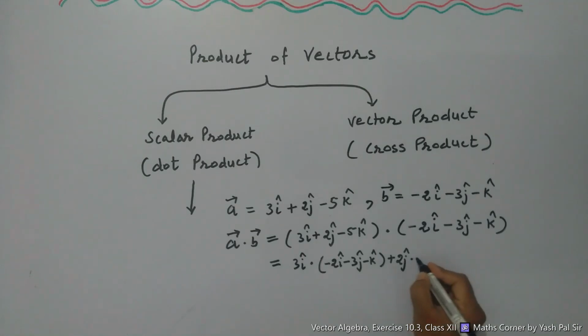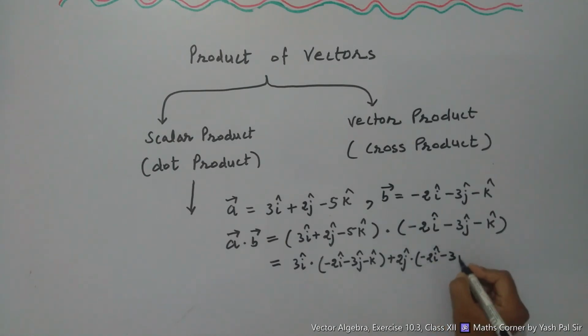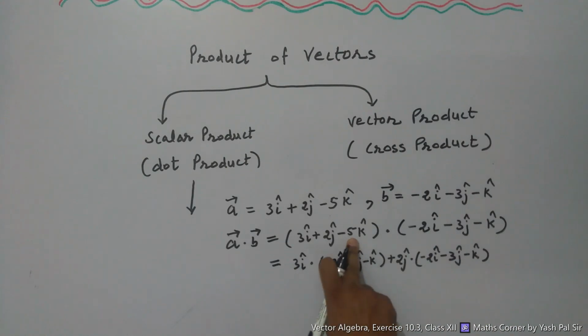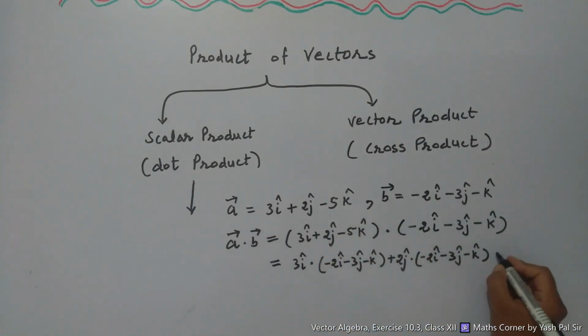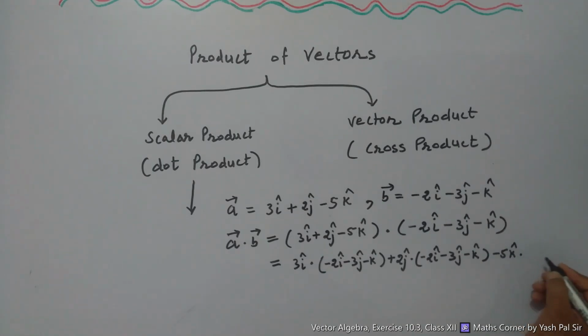Again we put the dot symbol, dot product, minus 2i minus 3j minus k, second bracket. The last one is minus 5k, dot symbol, second bracket, minus 2i minus 3j minus k.